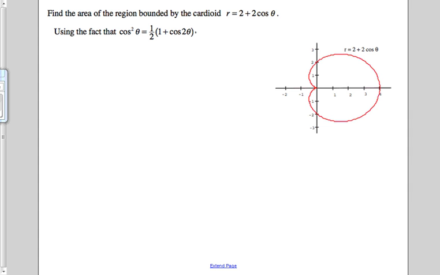Pretty straightforward. So let's think about an application. Let's find the area of the region bounded by this cardioid. And a cardioid is something that we looked at before. Remember, it's shaped like a heart.